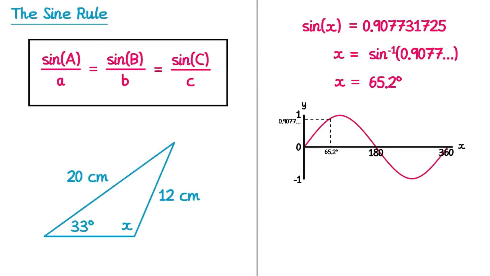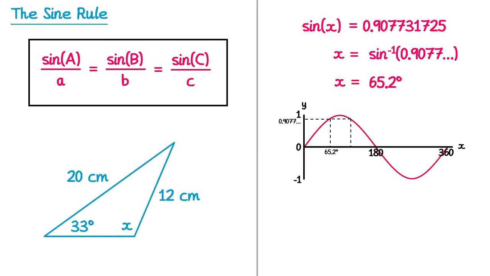So if we extend that line horizontally across, go to the sine graph, and then go down, we end up at this angle here. So the sine of this angle will also give us 0.9077 and so on. But what is this angle? Well, due to the symmetry of the sine graph, we can find this angle by subtracting the other angle, 65.2, from 180.